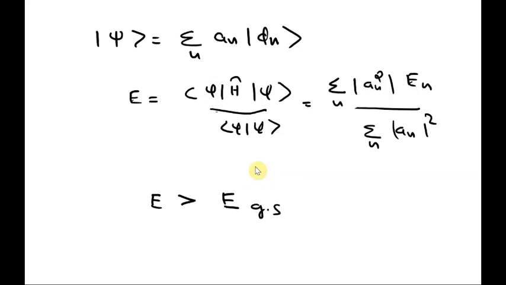So for this choice of ψ, I calculate this quantity and obtain a lot of Eₙ values, and whichever is the lowest energy state, I call the ground state. Let us say 10 states are there, and the first I call the ground state, and my claim is that my energy is always going to be greater than that lowest energy level.